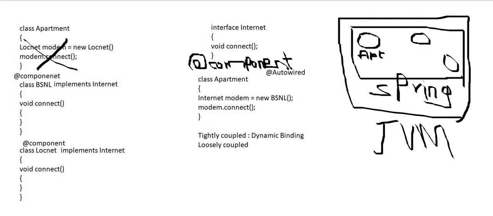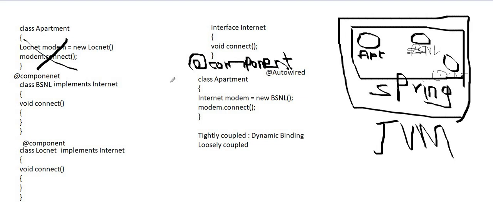Let us consider this as a BSNL class object, and this as a LocalNet object. Whether the Apartment class is autowired to BSNL or to the LocalNet class.